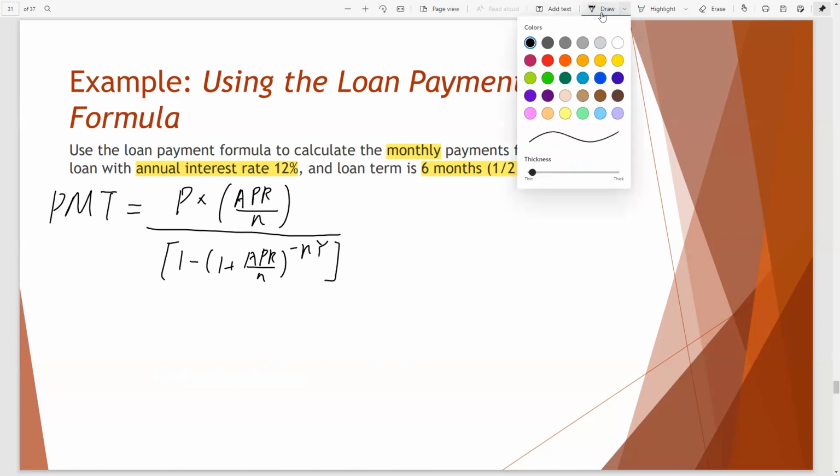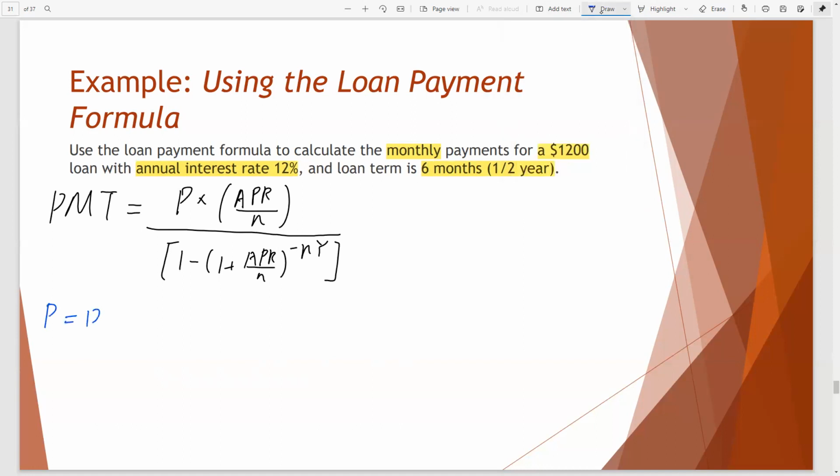Let me use another color to pull out the information. Principal is 1200. APR is 12%; this time, 12% you can directly put as 0.12. Monthly payment, so N is 12 for every year, but the term is only 6 months, so that's 1/2 year.